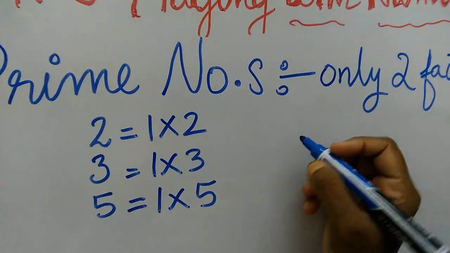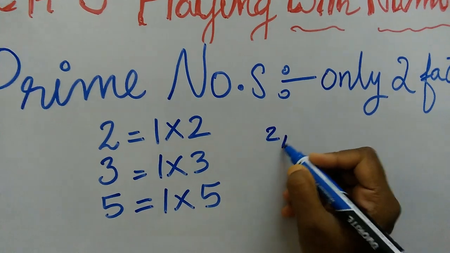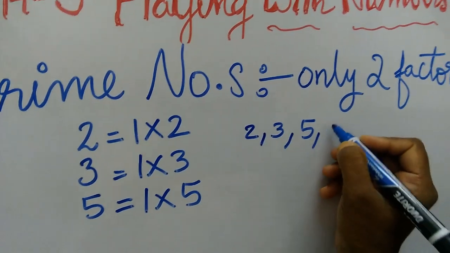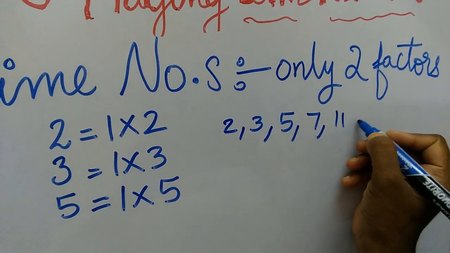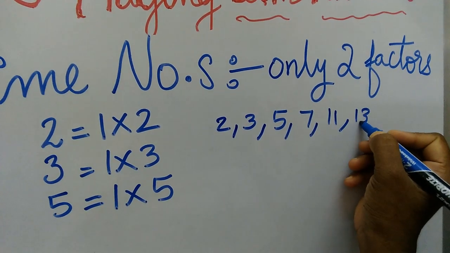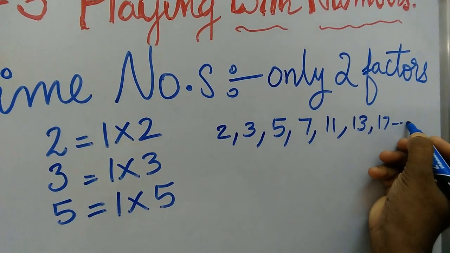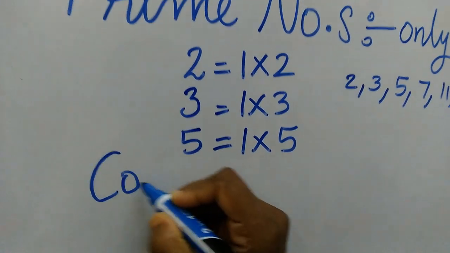That is, prime numbers are, for example, 2, 3, 5, 7, 11, 13, 17, etc.